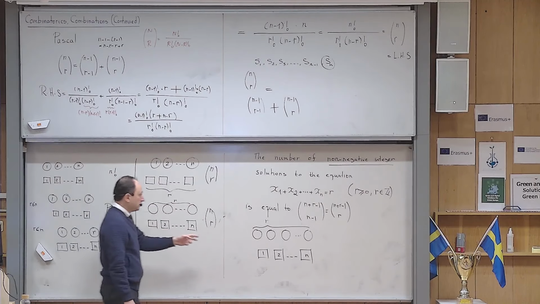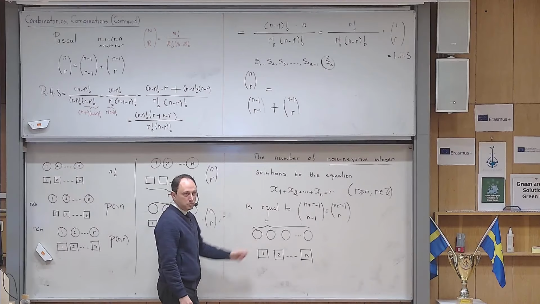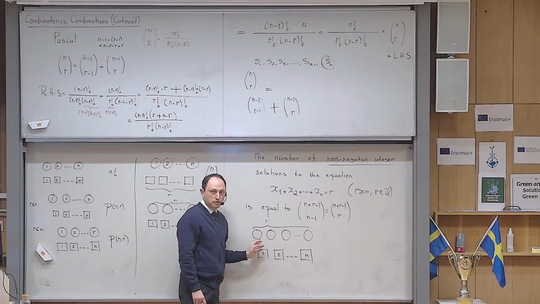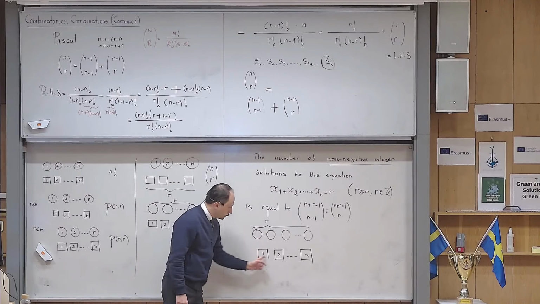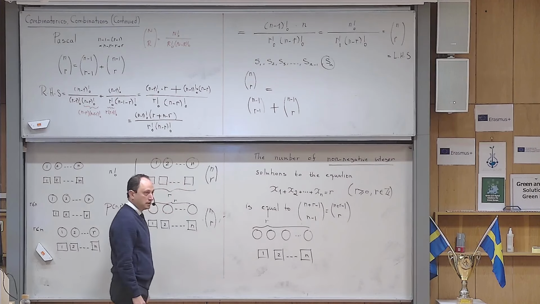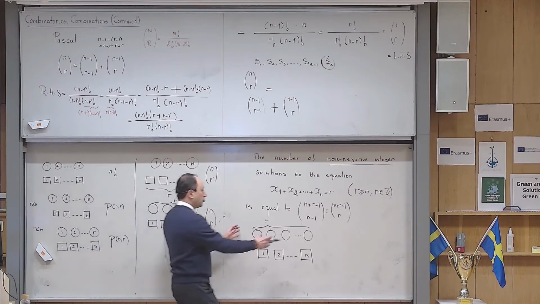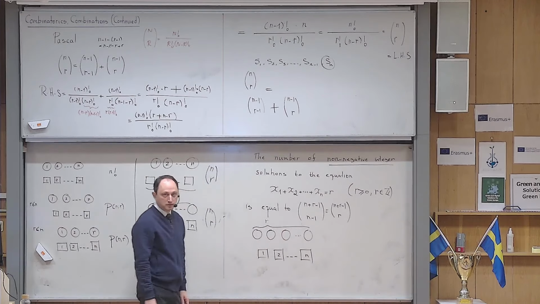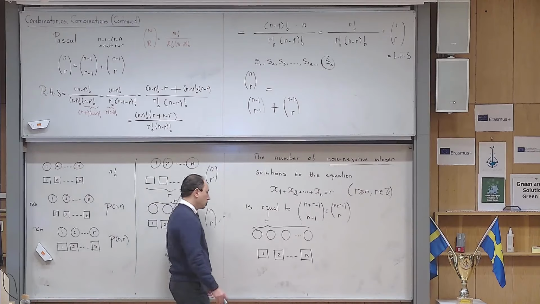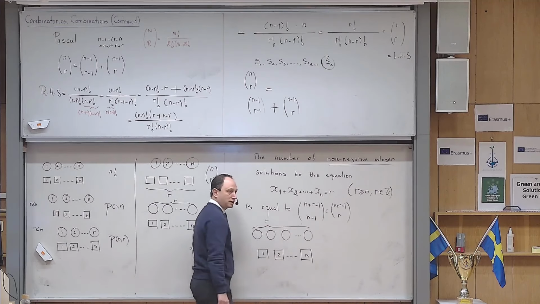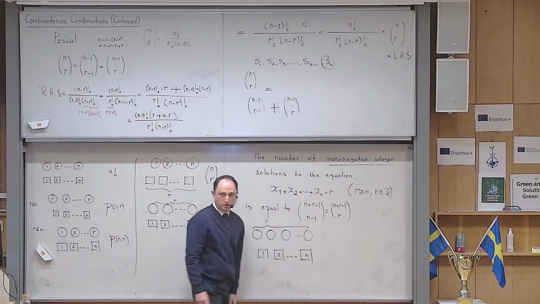But now, let us solve this distribution model. I have R identical marbles. I want to distribute them within these n boxes, but there is no constraint. So for example, you can take all of them and put them in the first box. Or you can take 3 of them, put them in the first box, the rest of them in the second box, and nothing in the rest of the boxes.